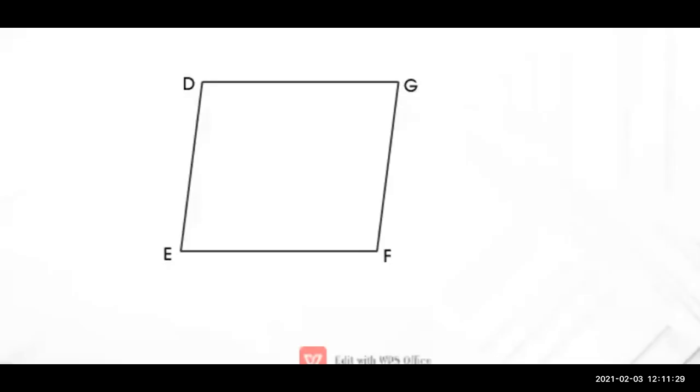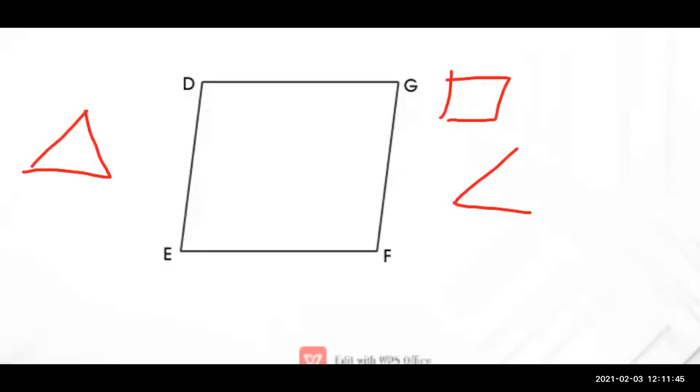Now we are not going to write the word quadrilateral. We are going to use the symbol of quadrilateral. Now what is the symbol of quadrilateral? See, this is the symbol of quadrilateral. As we use the symbol of angle and the symbol of triangle, so only we are going to use the symbol of quadrilateral. Now, what is the name of the quadrilateral?